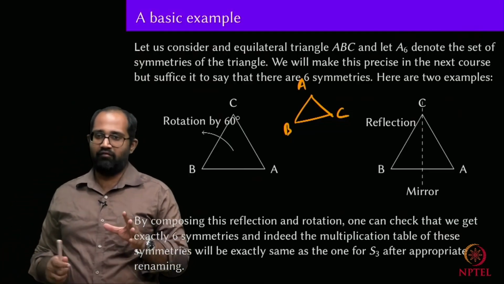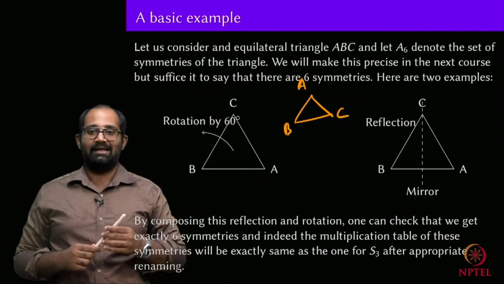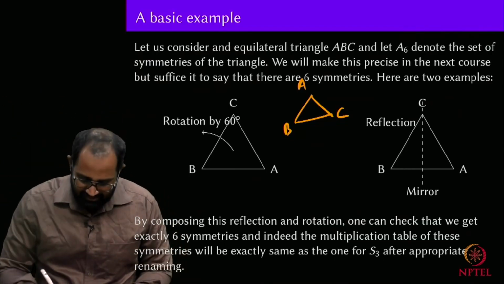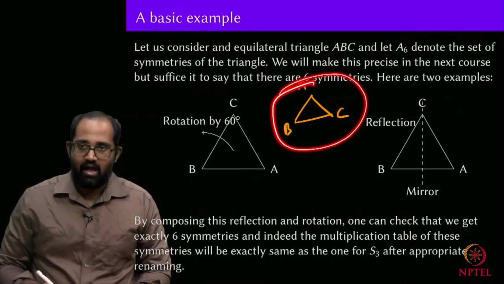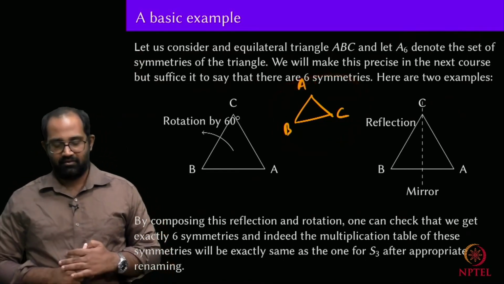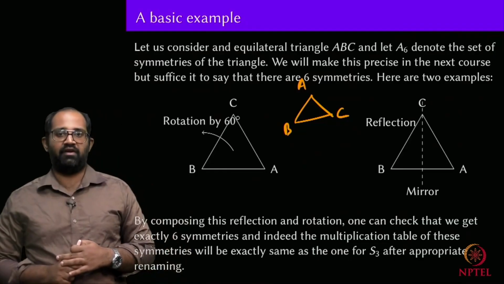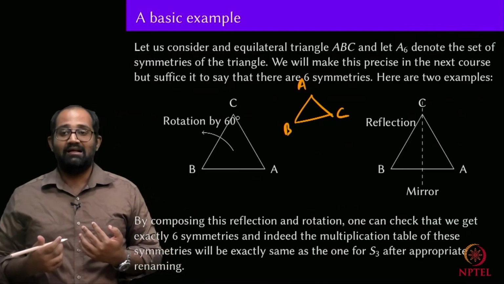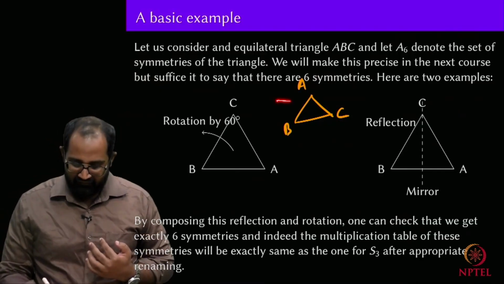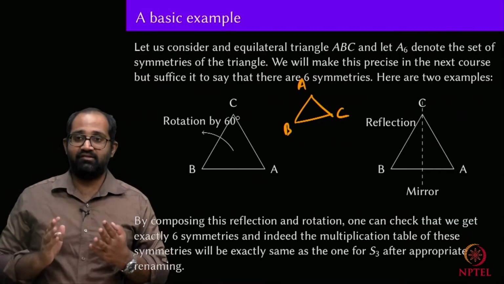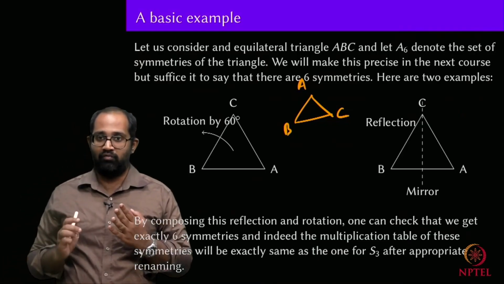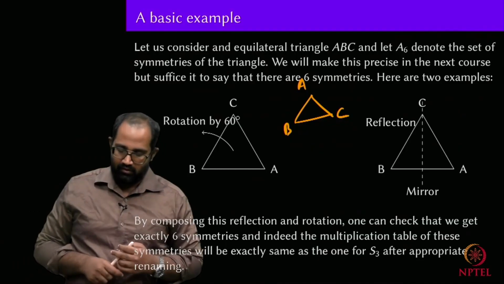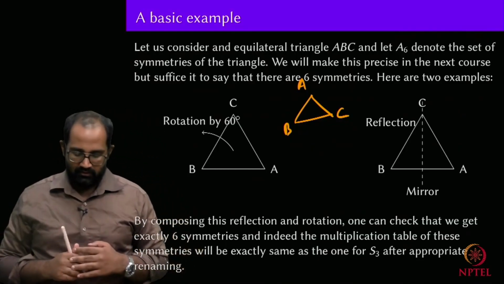So, a symmetry of an equilateral triangle is a rigid motion of R2 that takes this triangle and maps it to itself. All those ways of transforming R2 to itself without distorting distances that leave the triangle fixed as a set. I am not saying the points of the triangle should not move, but each must move to a different point of the triangle. Best way is to see an example.